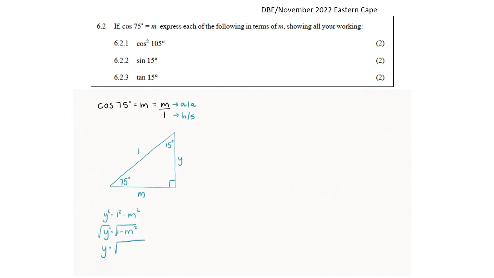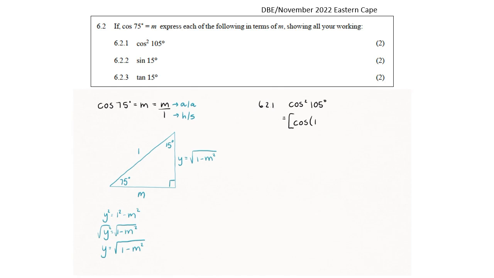And now we can look at the first question. Now they want us to first determine cos squared of 105 degrees in terms of m. And the trick here is to take the 105 degrees and rewrite it in terms of 75 degrees. So we can say that 105 degrees is 180 degrees minus 75 degrees.